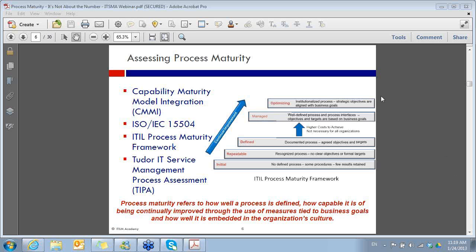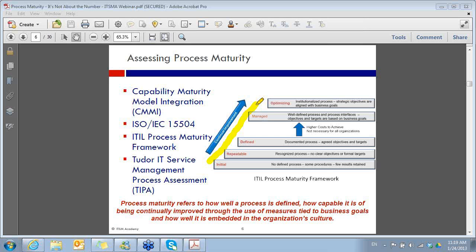So again, in all of these approaches to assessing processes, you're generally going to see a range that goes from 0 to 5 in terms of maturity. 0 or 1 is typically an ad hoc state where everybody's doing their own thing. You don't really have any defined processes.